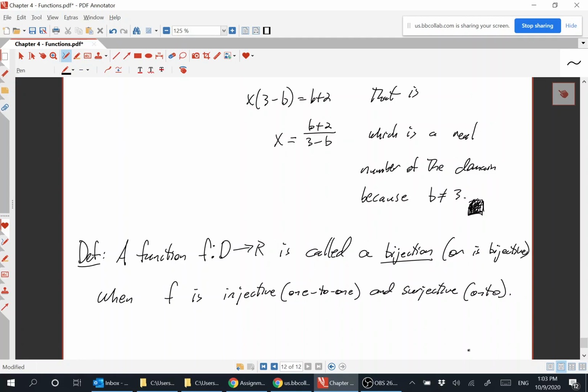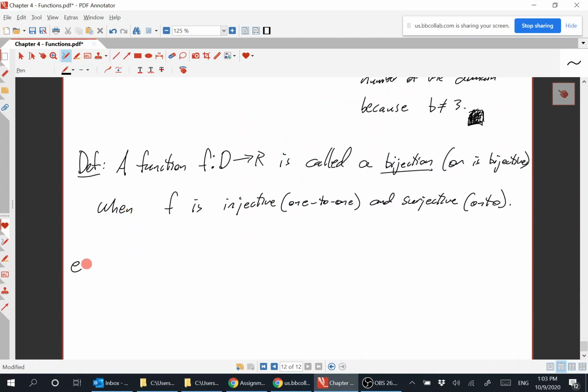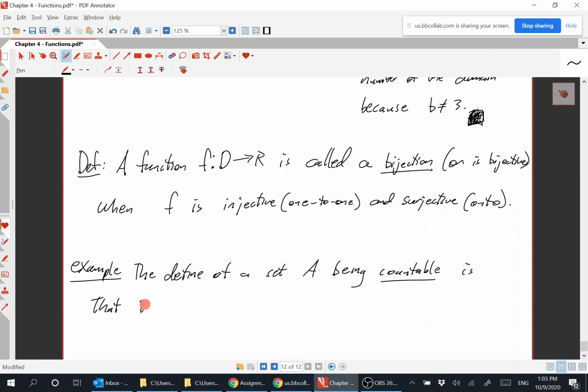So, one-to-one and onto. Going back to the definition of a set A being countable: there exists a bijection f from A to the positive integers.